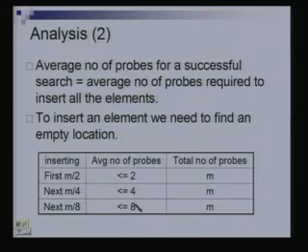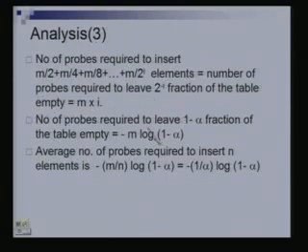I would have required between 4 and 8 probes for these m/8 elements, because when I was inserting the first of them, only 3/4 of the table was full, 1/4 of it was empty. But I'm just upper bounding it. I'm just saying, let's say no more than 8.